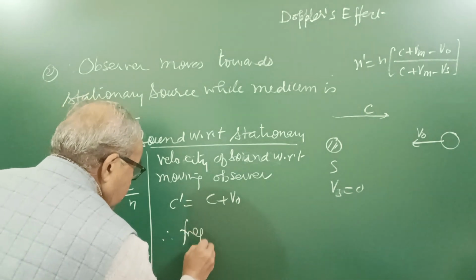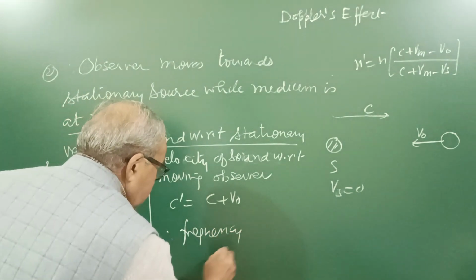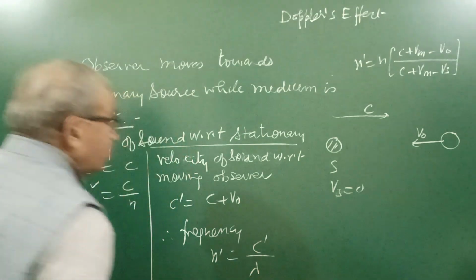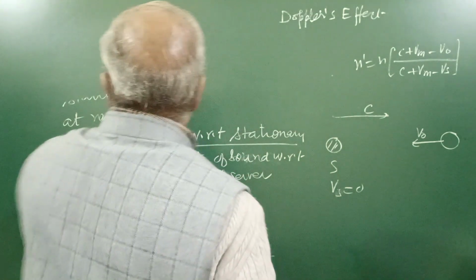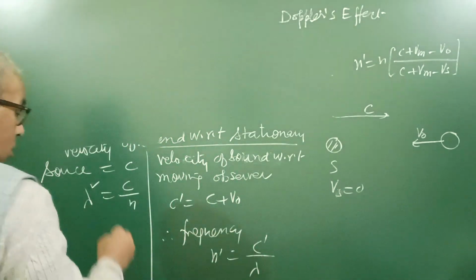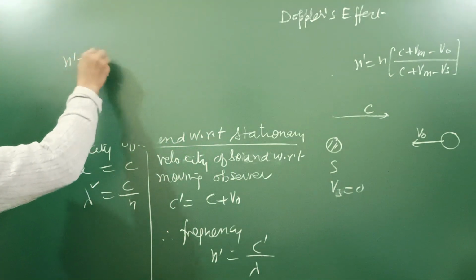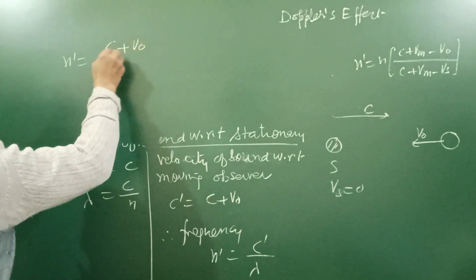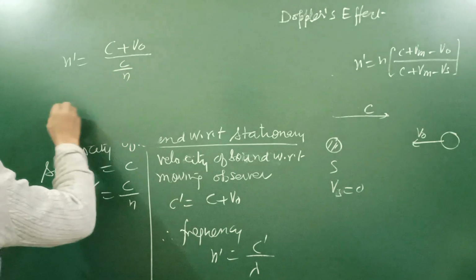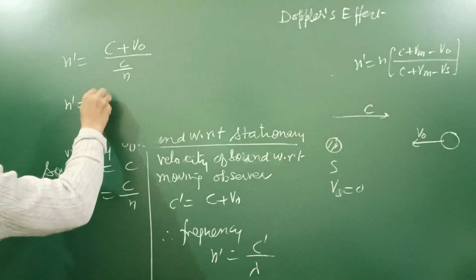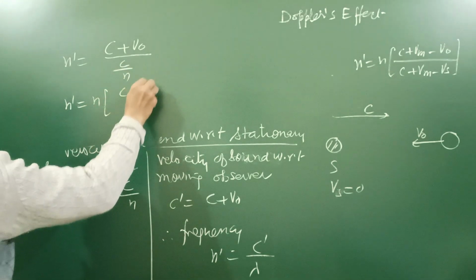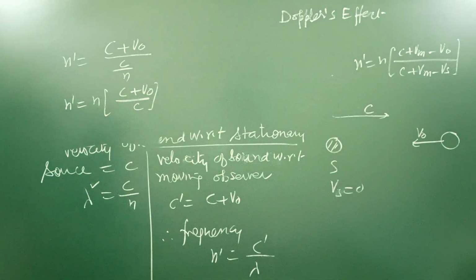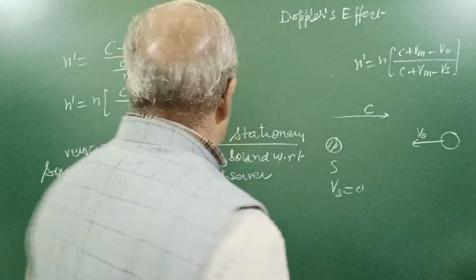Hence the frequency n dash equals C dash upon lambda, that is n dash equals C plus VO upon C by n. So now n dash equals n bracket C plus VO upon C. So the frequency will be higher.